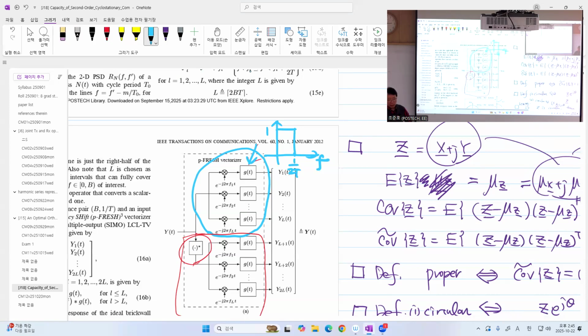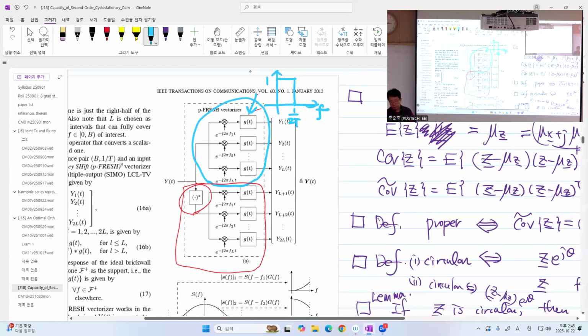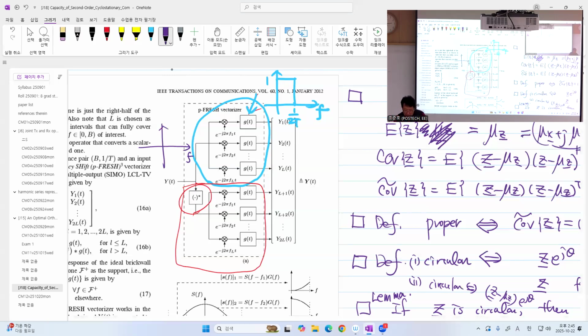Now let's see what happens in the entire structure. Suppose in the frequency domain, you have the signal component of Y of t that is between 0 and 1/2T. Now what will happen in the upper branch? In the upper branch, it will pass through probably some center branch and appear, right?